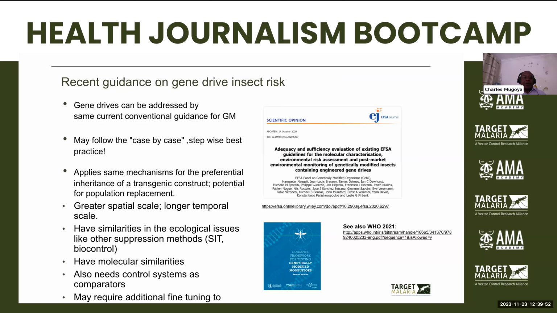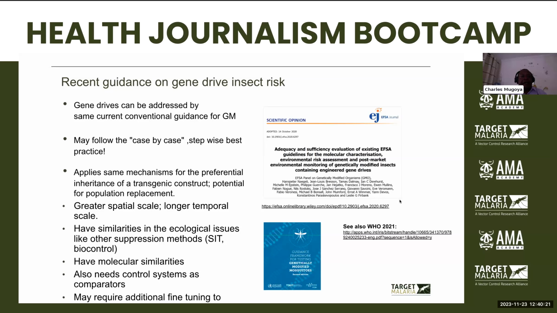And we also now understand that the gene-drive process applies the same mechanisms for the preferential inheritance of a transgenic construct, like any other GM construct, including the ones that have potential for population replacement, like in the case of mosquitoes.